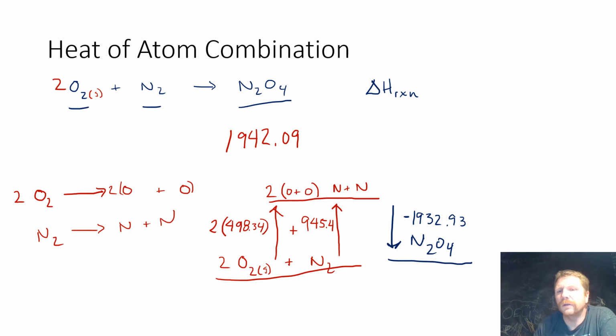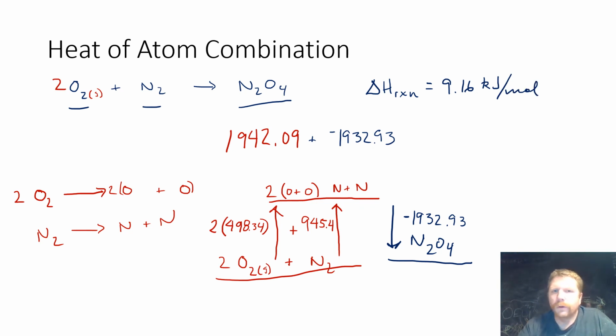So in this case, I'm just going to add my reactant, or my products, which is negative 1932.93. So 1942.09 plus negative 1932.93. My delta H of my reaction here is merely 9.16 kilojoules per mole.